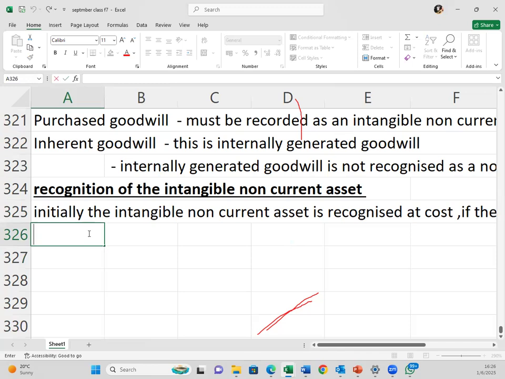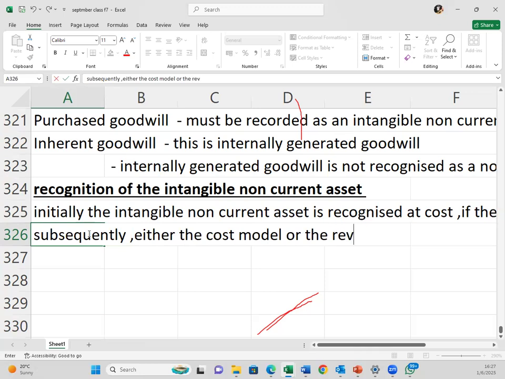Then subsequently, meaning for the other years, either the cost model or the revaluation model can be used.